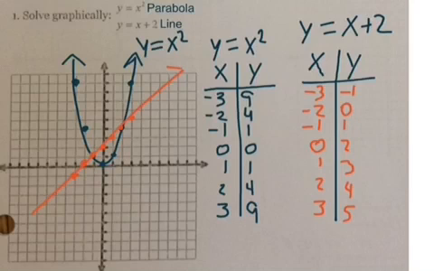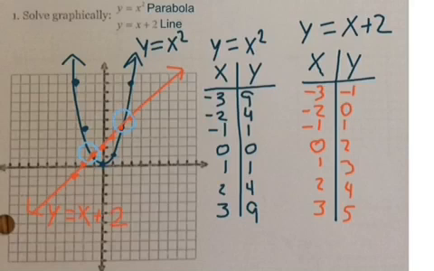Don't forget to put arrows on the end of your line and to label it with the equation y equals x plus 2. Once you graph both the parabola and the line, the solutions will be where the parabola and the line intersect each other. In this case, there are two solutions.